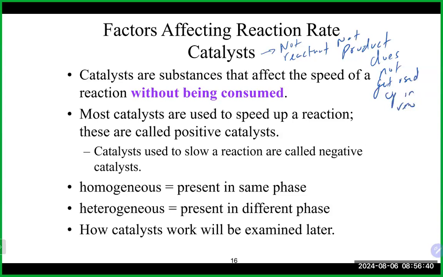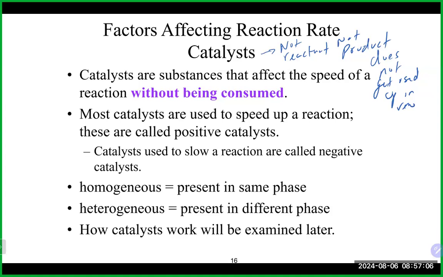It is there simply to facilitate, in most cases, the reaction happening a lot faster. There are some catalysts that actually slow down the reaction. Those are sometimes referred to as negative catalysts, but 99.9 percent of the time, if somebody is talking about a catalyst, they're referring to something that will speed up a chemical reaction.